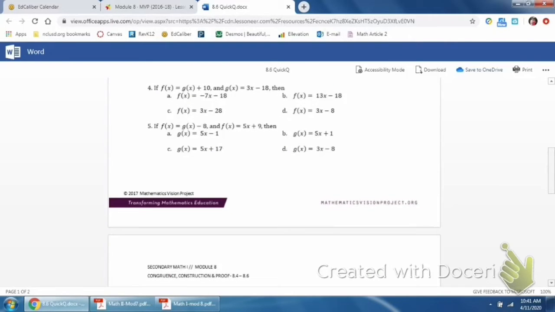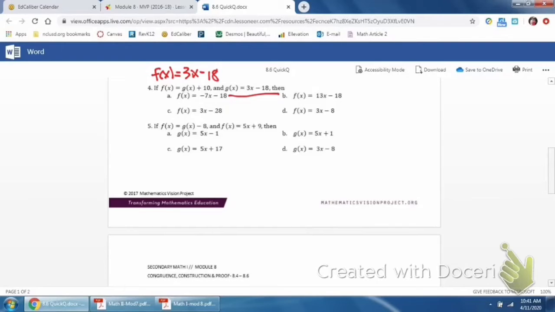Alright, 4. So now we're going to actually start. Now our answers are actually in Mathlish. So now we want to put Mathlish into Mathlish. Okay, so they give us f equals g of x plus 10, and then they tell us g of x is that. So what we need to do here is plug that in for g of x. So it's going to say f of x equals g of x, which is 3x minus 18.